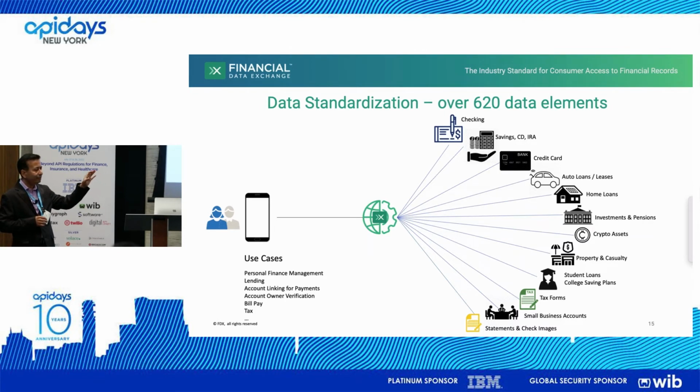I think FDX is probably the most complete data model on the open banking side globally, covering checking, savings, credit, investments, insurance, annuities, tax, statements, check images. When you have a data model this large, it's great because you have perfect mapping, but it's also a problem because then not everyone's going to implement 620 data elements.